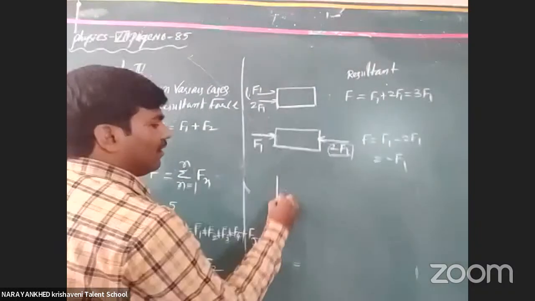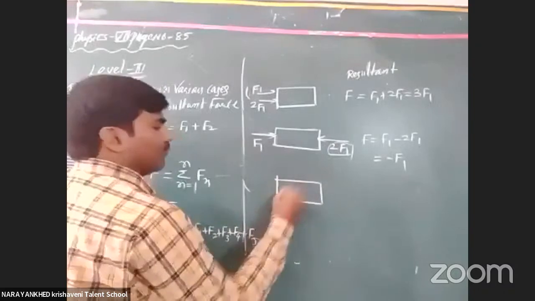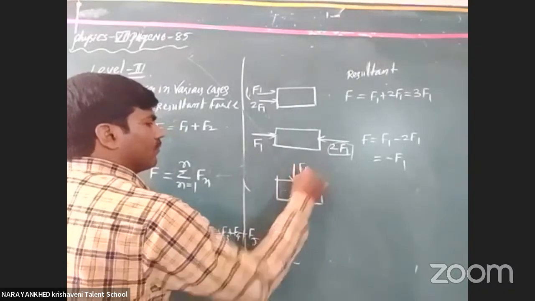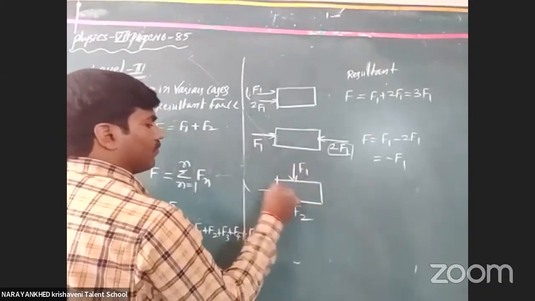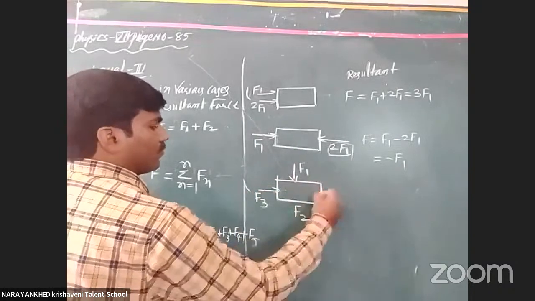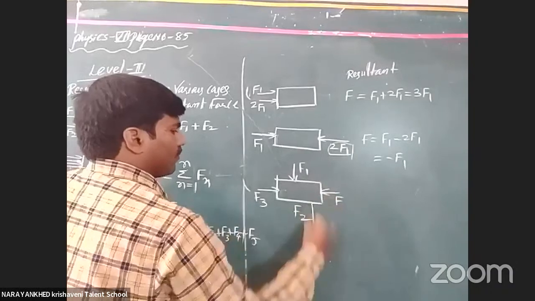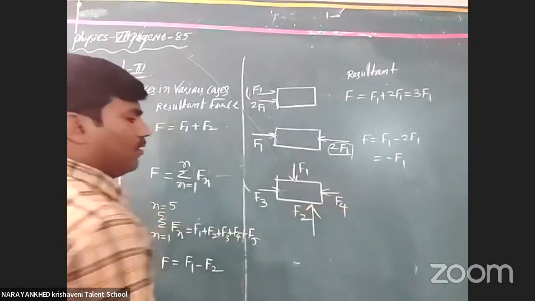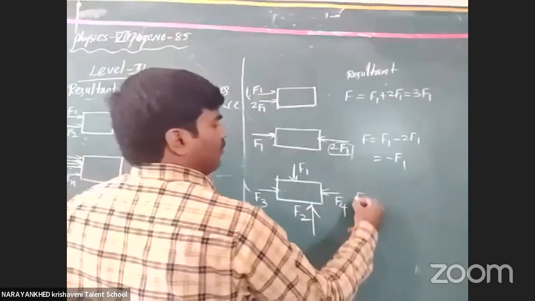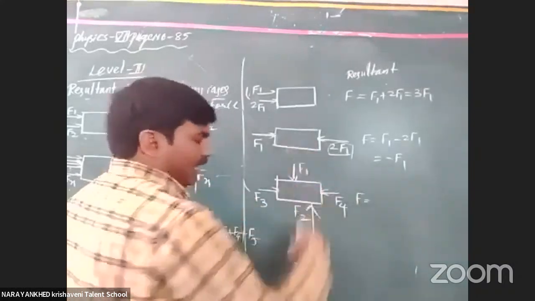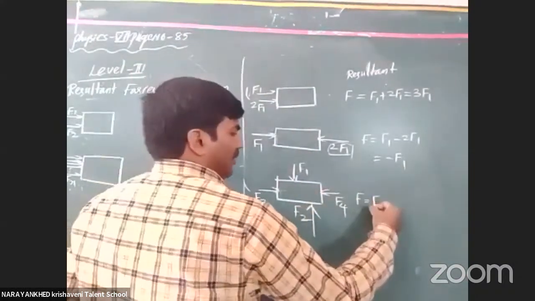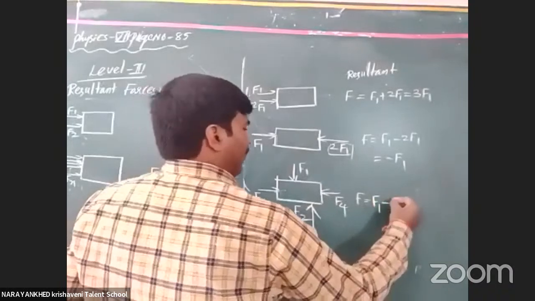Now I have taken forward forces as positive. Somewhere you have to write F1 minus F2.